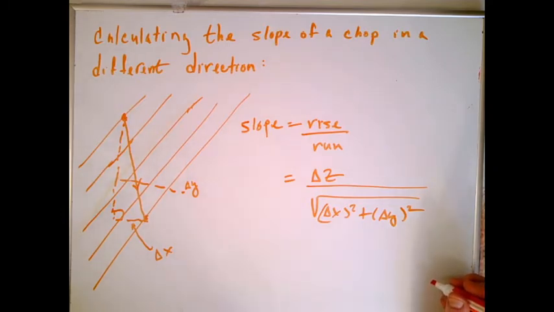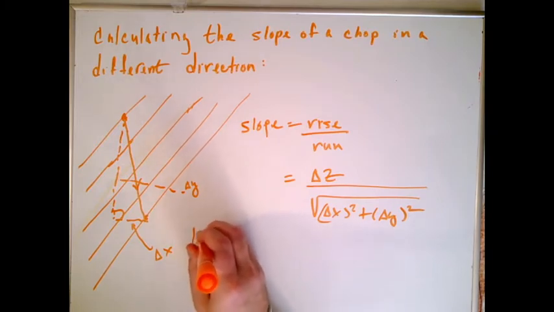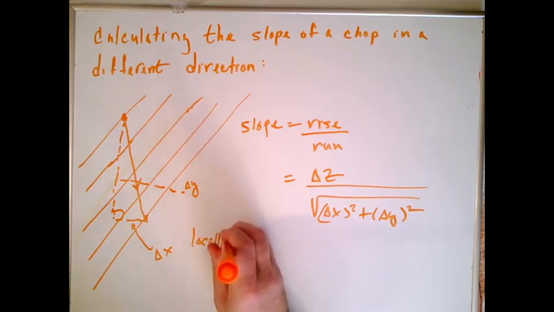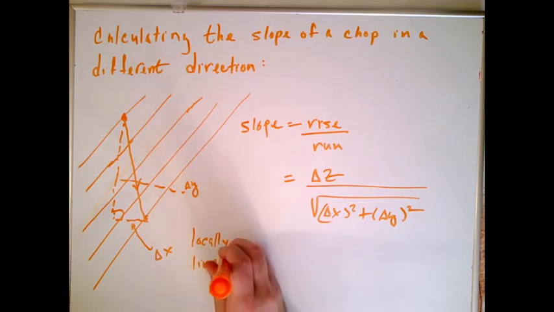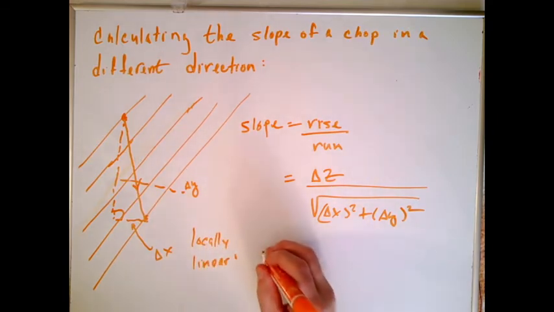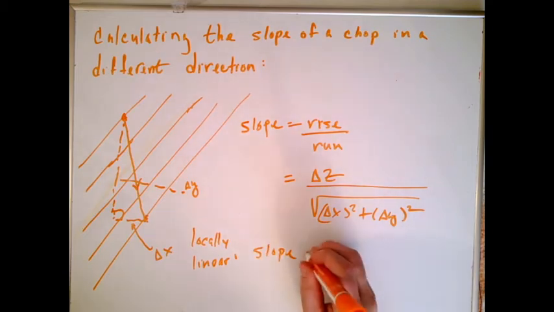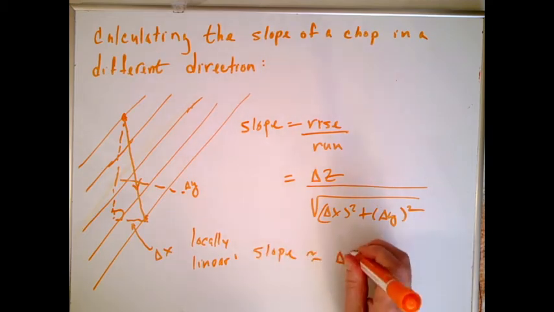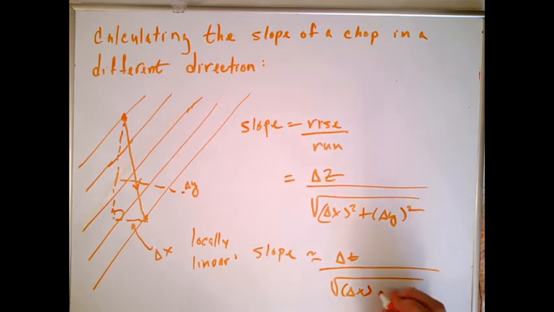If it were almost linear, what would change, right? So if it was locally linear instead, well, the only change that we'd make is that the slope would be approximately equal to delta z over the square root of delta x squared plus delta y squared.